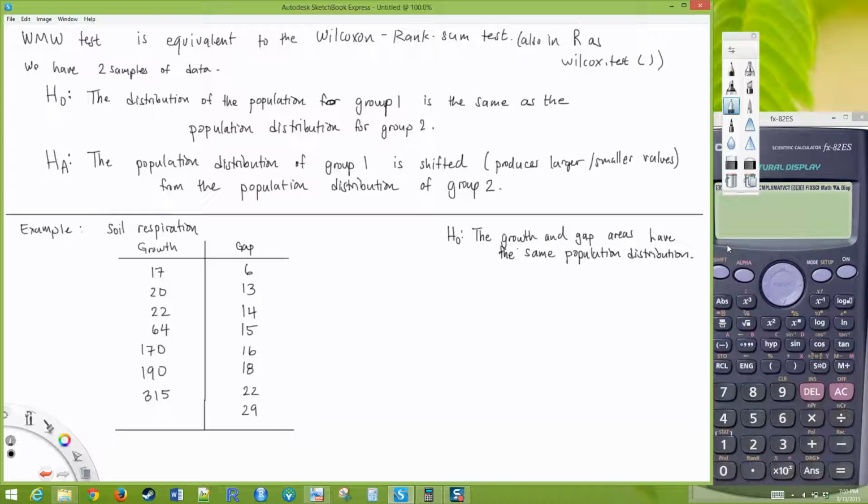And then the alternative hypothesis. We can have a non-directional or a directional alternative. Non-directional would be that the two areas have different population distributions.